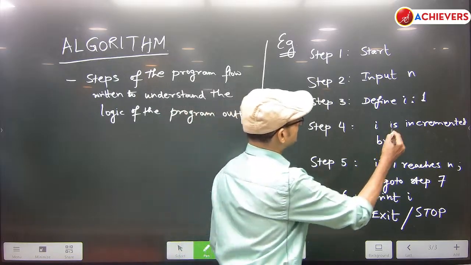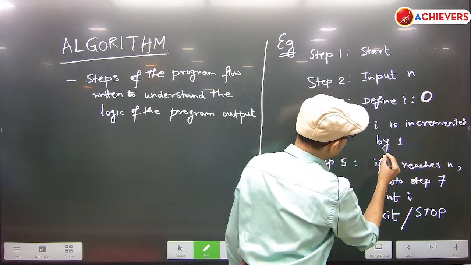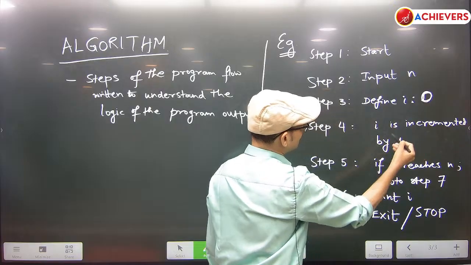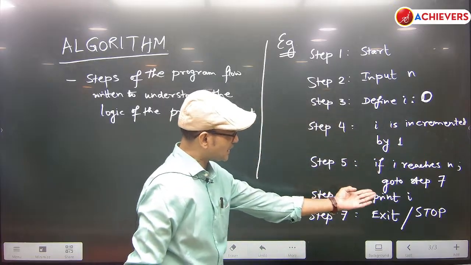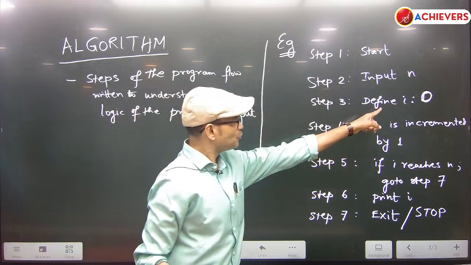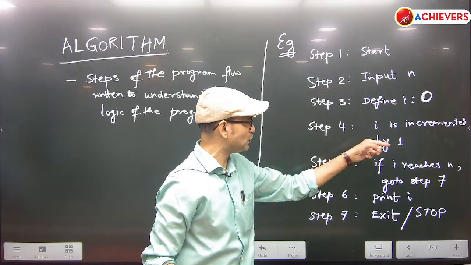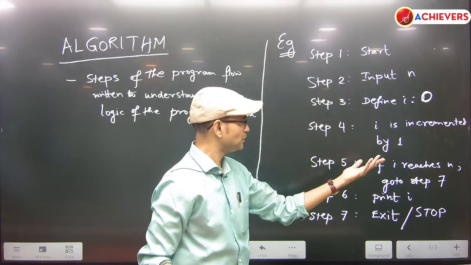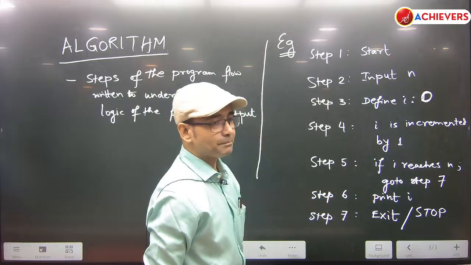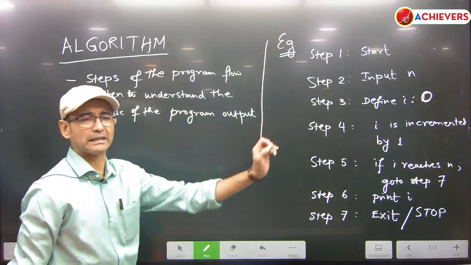So it's better to define I as 0 because here since we are incrementing I by 1, we will be starting to print from 1, not from 2. So if we initialize I to 1 and we start incrementing I by 1 within the loop, then it will be printing from 2 and not from 1.